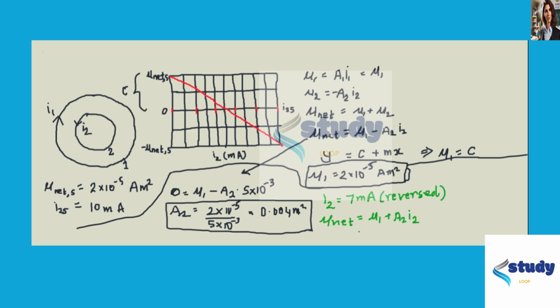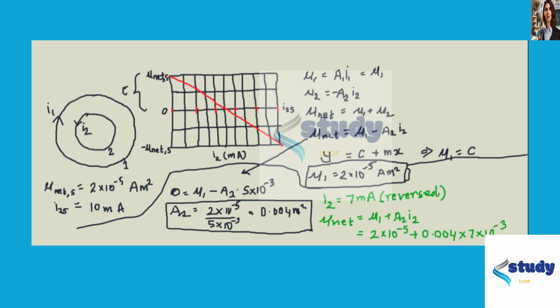What is mu1? 2 into 10 to the power minus 5, plus A2, which we determined as 0.004, times I2, which is given in the question as 7 into 10 to the power minus 3 ampere.